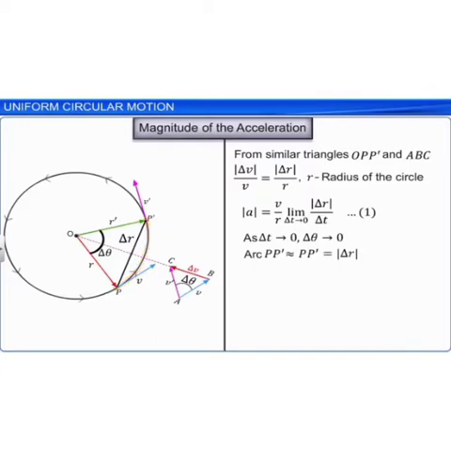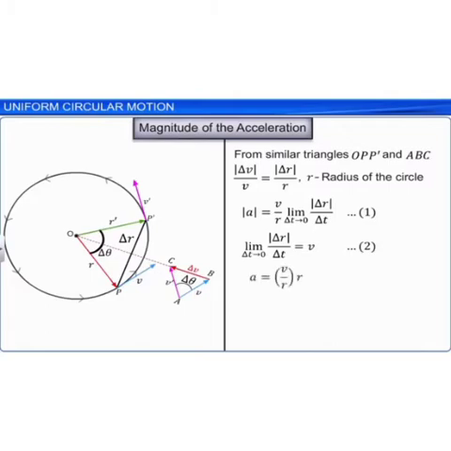This can be written as magnitude of delta r by delta t is approximately equal to v, which implies limit delta t approaches 0 magnitude of delta r by delta t is equal to v. Let this be equation 2. Substituting equation 2 in 1 and simplifying, we get a is equal to v square by R. Let this be equation 3.